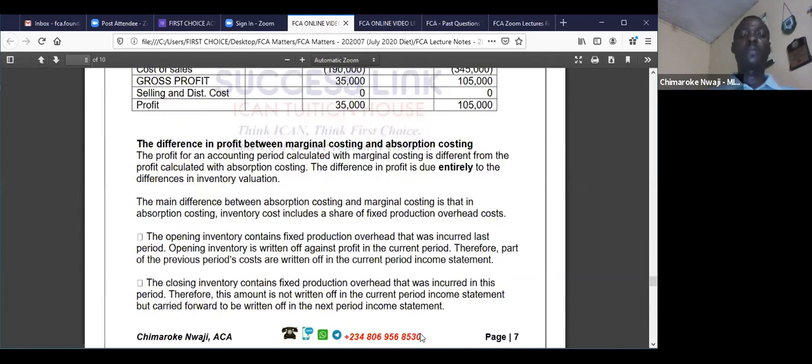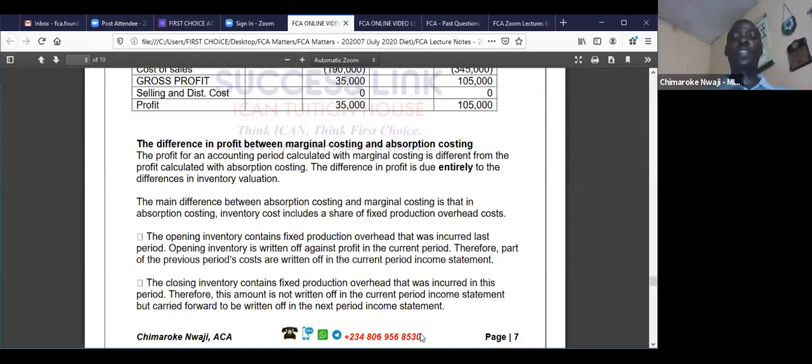Now, the main difference between absorption costing and marginal costing is that in absorption costing, inventory costs include a share of fixed production overhead costs. So the fixed cost that has production element goes to absorption costing to get the cost of goods sold. The opening inventory contains fixed production overhead that was incurred last period.